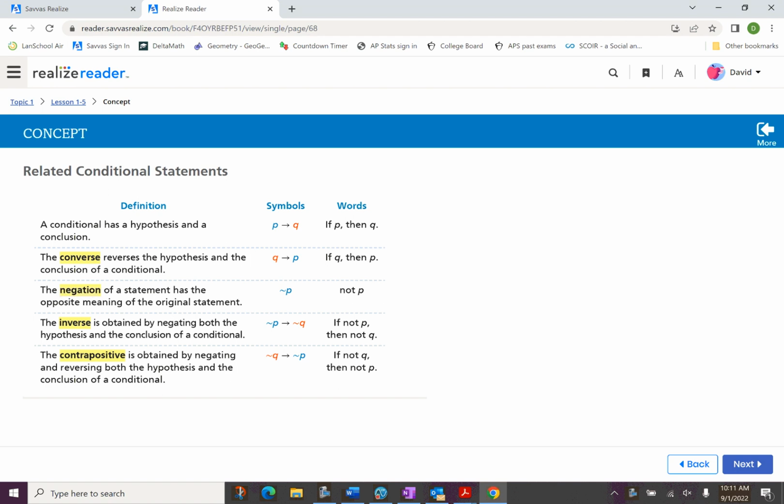The contrapositive is a combination of doing both the converse and the inverse. We negate both parts and flip the order. Okay? So, given a conditional statement, we should be able to write out the converse, the inverse, and the contrapositive.